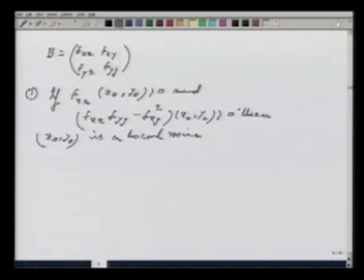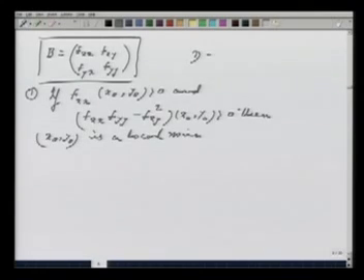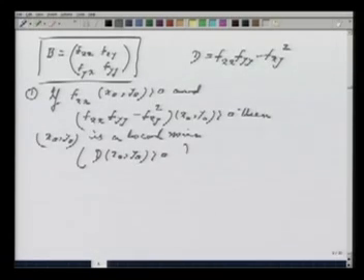So just look at this formal matrix which I have written. If I formally calculate the determinant, which I would call D, that is precisely fxx fyy minus fxy². So all we are saying is that D at (x₀, y₀) is bigger than 0.